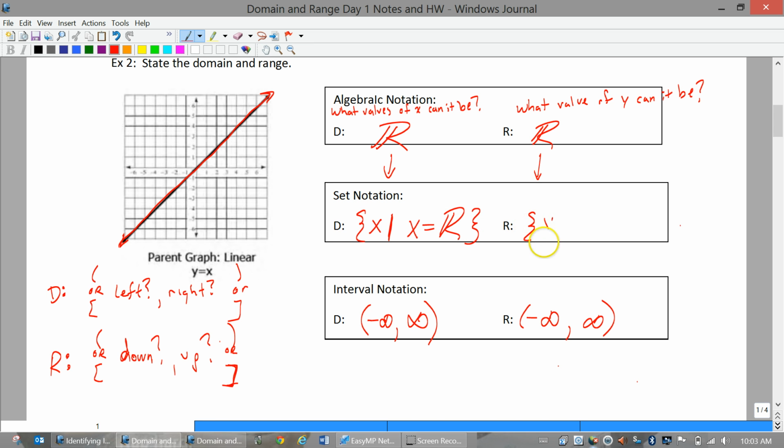Open the set for a variable y such that y can equal any number in the world. Okay? Just the formal notation. Pretty much what you wind up doing is you take this statement right here and you write it right there. Notice how those are virtually the same thing? Okay, you're going to see that more as we go on.